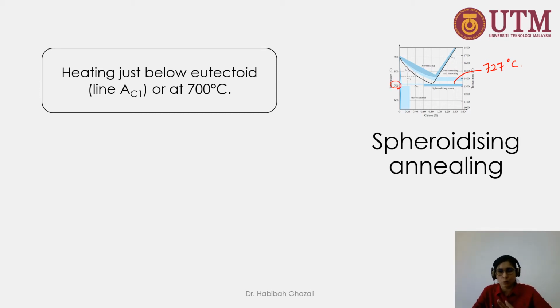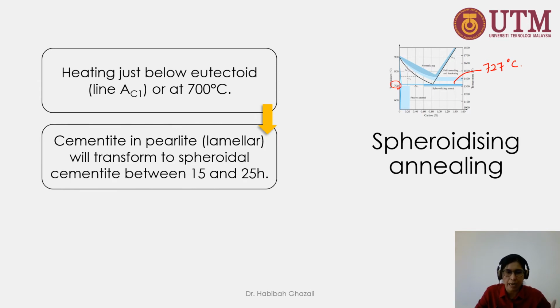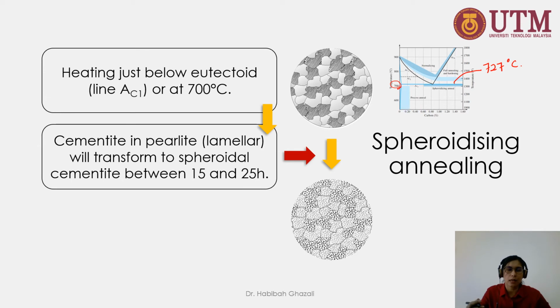The difference between this and process annealing is that it will be soaked at this temperature for a much longer time, to allow the cementite in the pearlite, which is in strip form, to transform into spheroidal cementite.